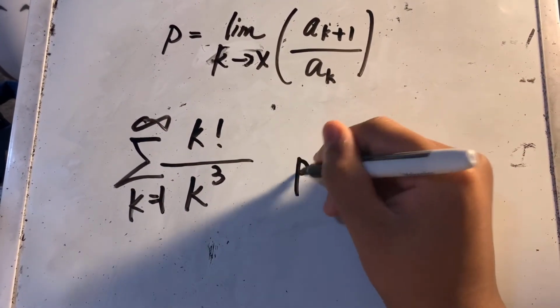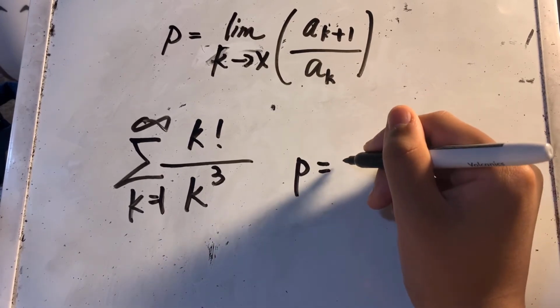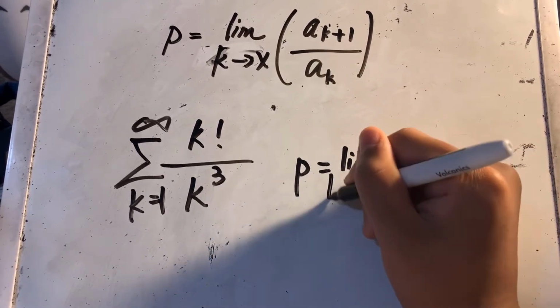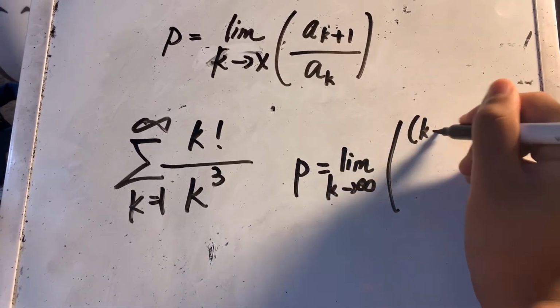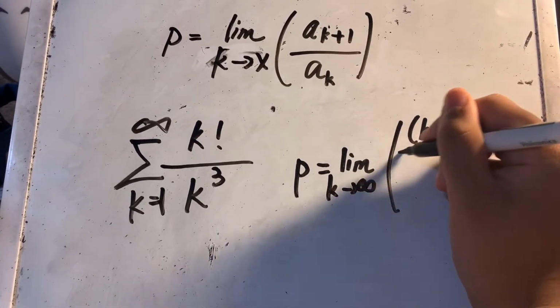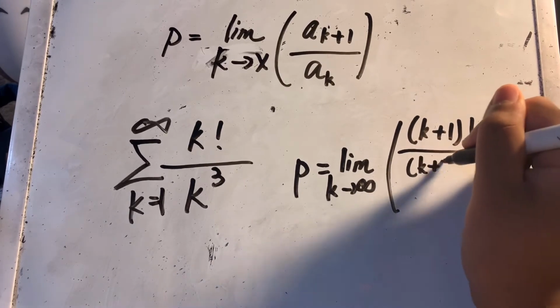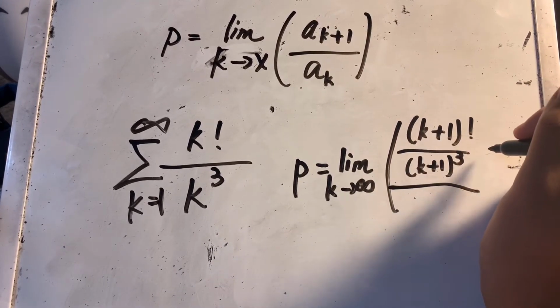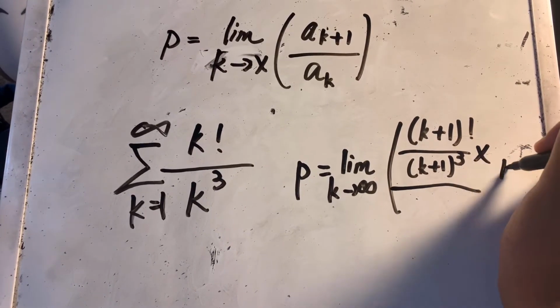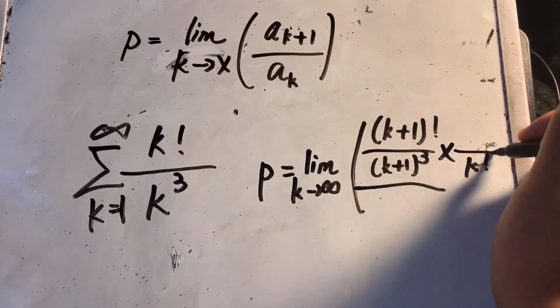So P is equal to the limit of k square AK plus 1, k plus 3, divided by k square k.